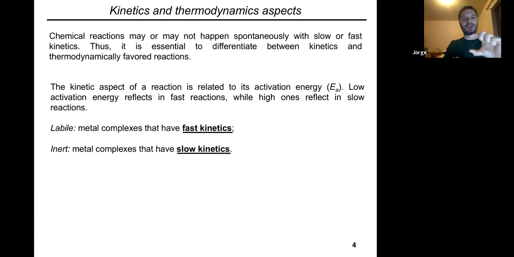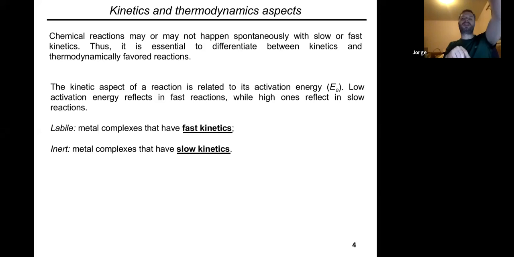Low activation energy reflects in fast reactions, while high activation energy reflects in slow reactions. Just think about if you need to go to the top of a mountain: if the elevation is small, it's pretty easy to go over the top and then to the other side. So small activation energy means fast reactions.